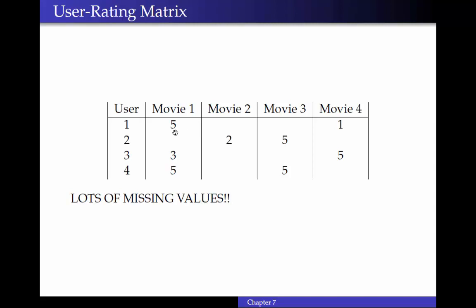So what we're about to see treats these missing values as 0 and then just computes the distances between the movies. Movies that are more similar, or have the same users rating them in similar fashions, will be closer together in distance. Their distance will be closer to 0 than movies that are either watched by completely different people or are rated very differently by the same people.